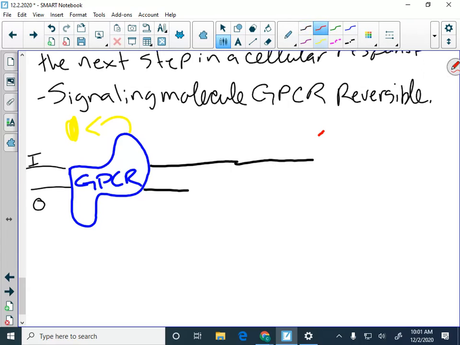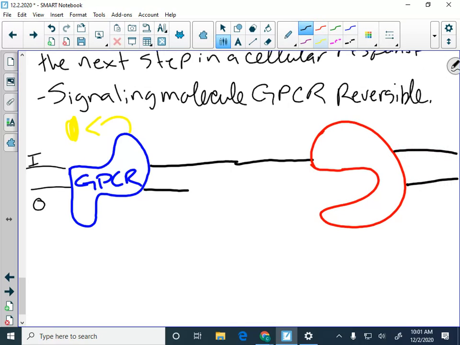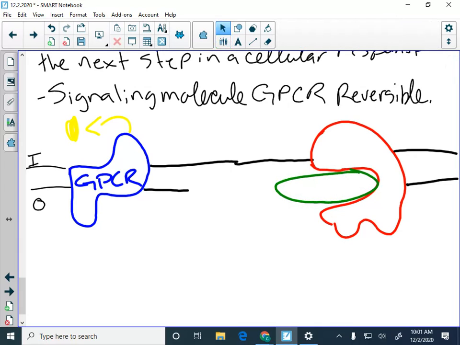Draw it out. It's a little funky, but it'll be all right. Our activated G protein. My size distribution's a little off, but it'll be all right.